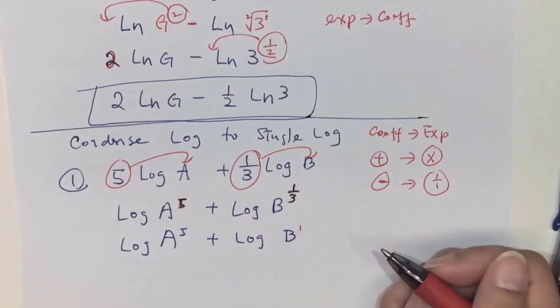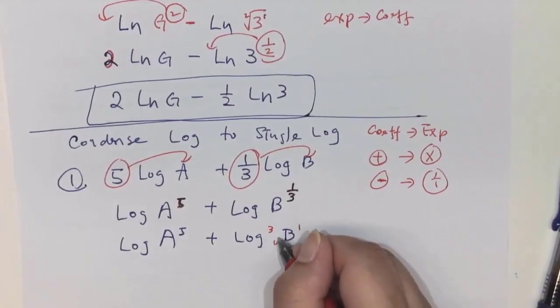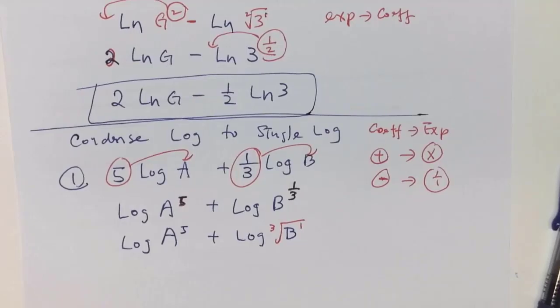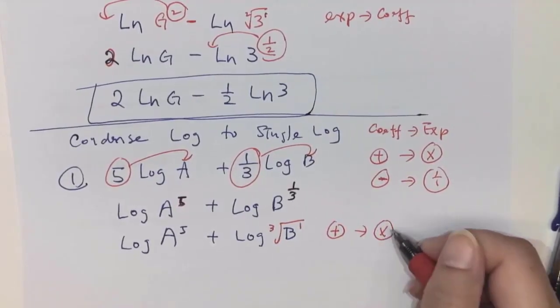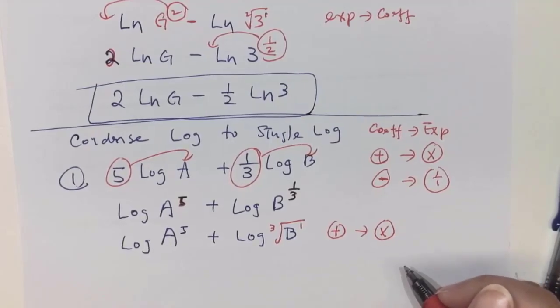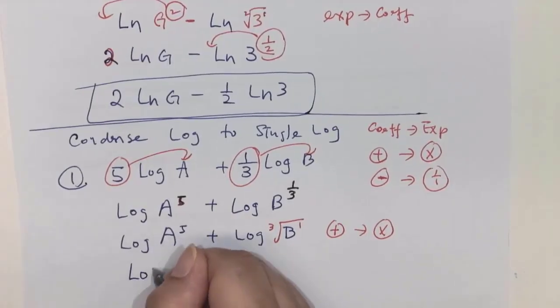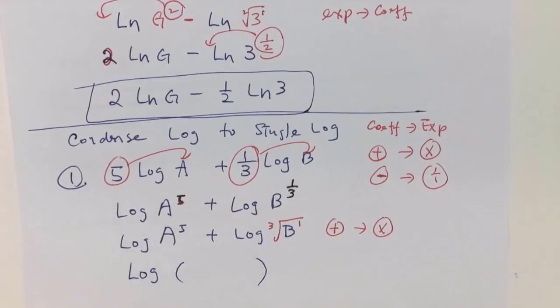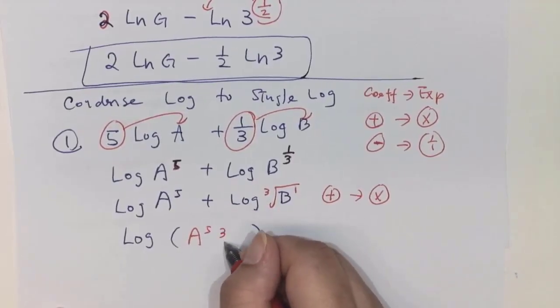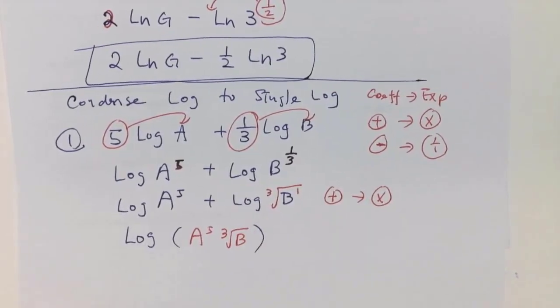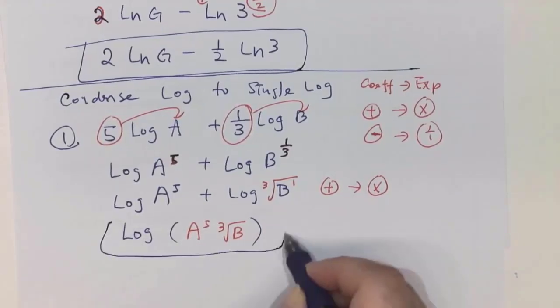The power is 1, right? But the root number is 3, right? Like that. And then the addition is going to turn into multiplication. How many logs do we have now? They ask for a single log. So just 1 log. I need to multiply them together, right? What am I multiplying? A to the 5th and then the cube root of B. That's all. So your answer should be just 1 log, right?